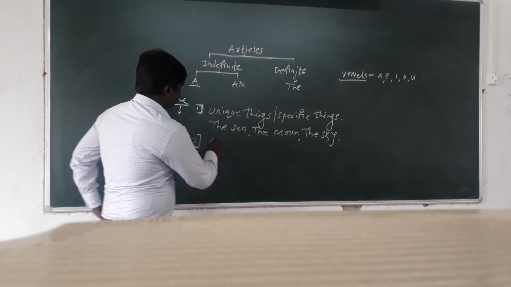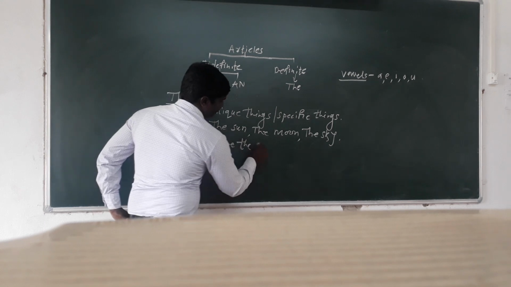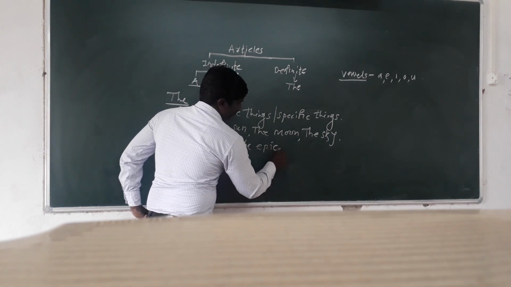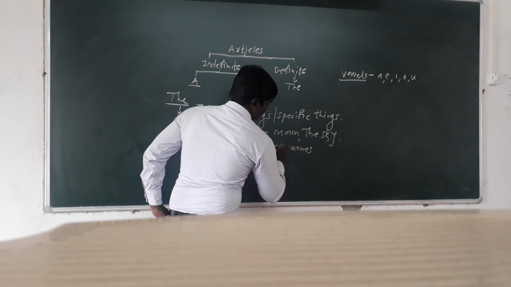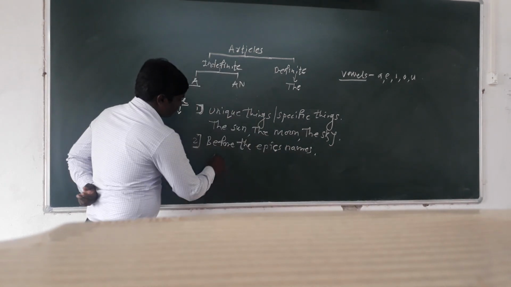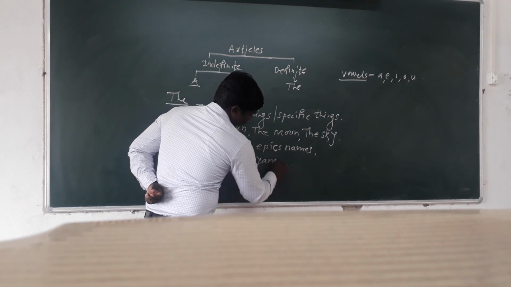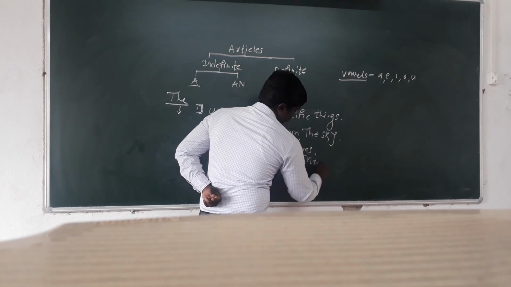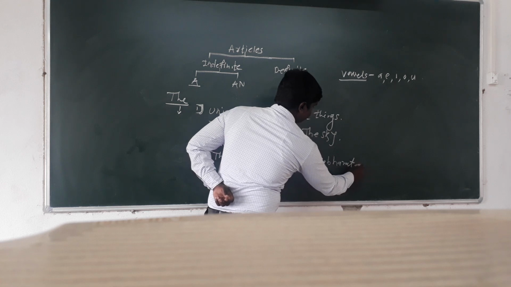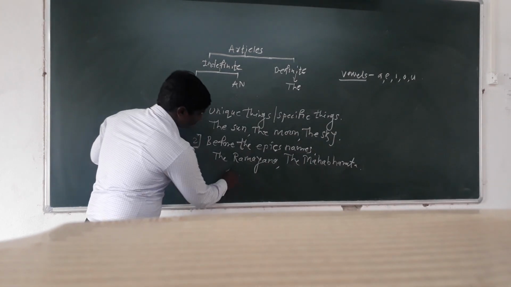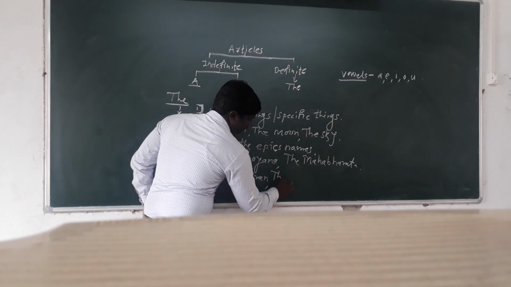Rule number 2. Before the epic names. For example, the Ramayana, the Mahabharata, the Quran, the Bible.